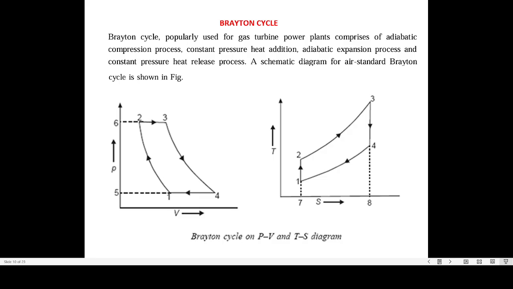For process 2-3, on the pressure volume diagram, I can clearly identify that the pressure at point 2 is equal to the pressure at point 3. So it is a constant pressure, isobaric process.